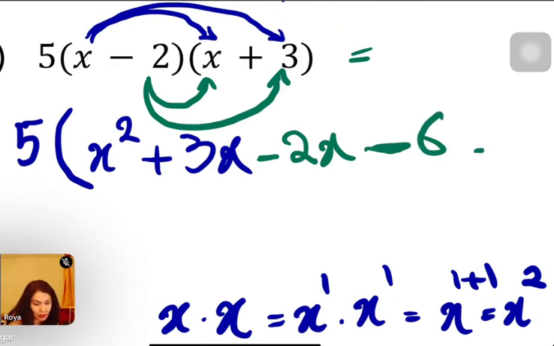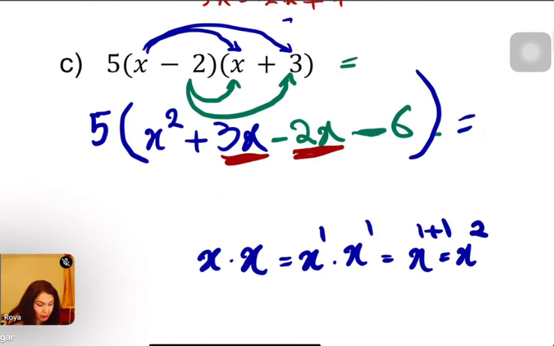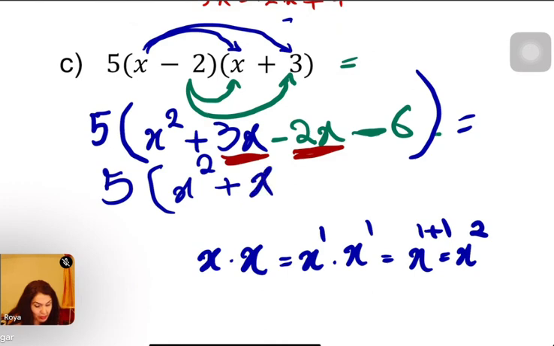And now we can close the bracket. Here we have 3x and 2x. They both are x. So 3 apples minus 2 apples is 1 apple. So the final answer is going to be 5x squared plus x minus 6.